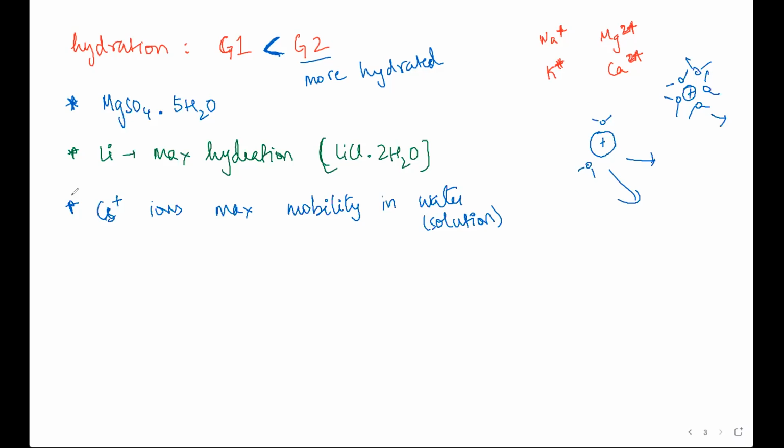Because lithium and group 2 have more hydration enthalpy, a greater negative value of hydration enthalpy, you find their salts to be more hydrated. And because cesium has a low tendency to get hydrated, they exhibit more mobility in solution. Matlab, they can move around a lot more.